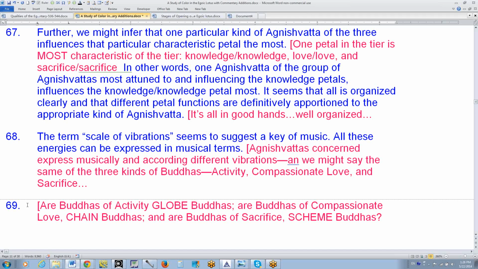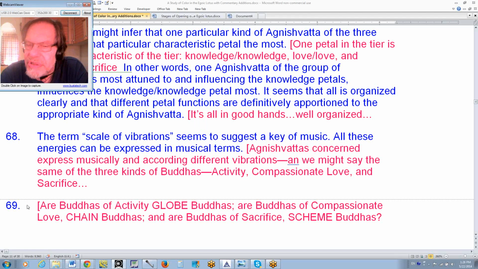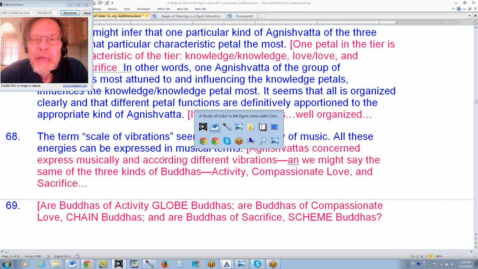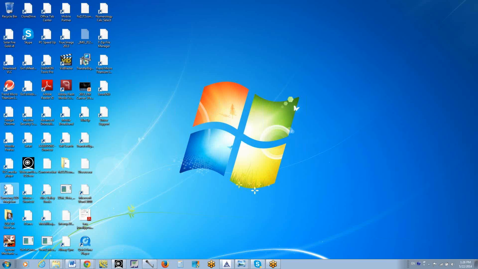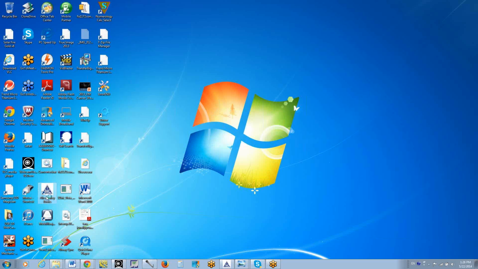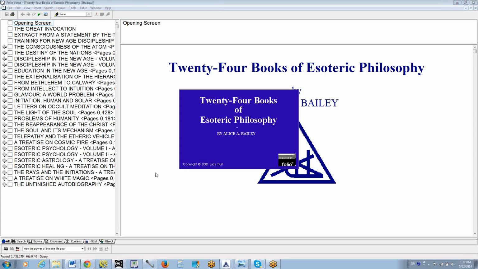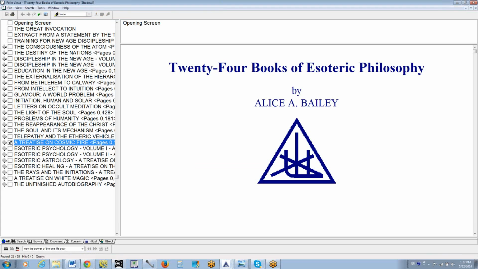Can he do that with respect to every globe? And with respect to the three types of existences which operate on the chain level, what is a higher correspondence to Sanatkumara? And with respect to the scheme level, it seems to be the pure and true Sanatkumara. See, if we were to go to Treatise on Cosmic Fire, 873, it's most interesting.